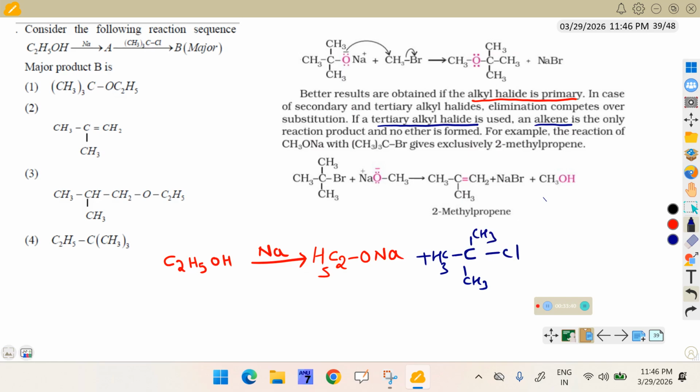We know alkyl halides react with sodium alkoxide to give ethers, if the alkyl halide is primary. Suppose the alkyl halide is tertiary, then it gives alkene. Instead of nucleophilic substitution, elimination is favored due to presence of bulky groups. The alkene is CH3C(CH3)=CH2. Second option is correct option.